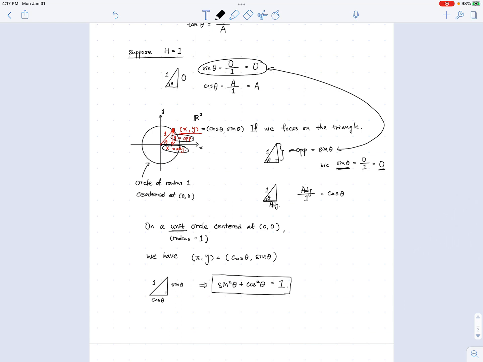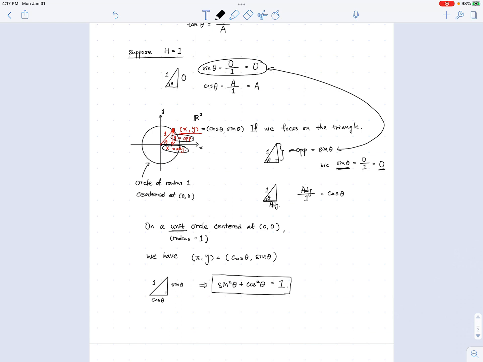Now if we put this together with a coordinate chart on R2 and make a unit circle centered at the origin, we now realize that any point on this unit circle, its coordinates can be expressed by cosine theta, sine theta, and cosine theta gives you the x coordinate, sine theta gives you the y coordinate.